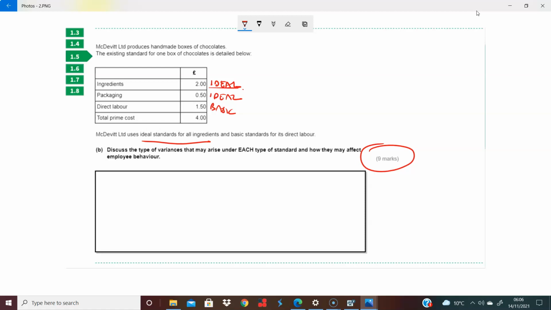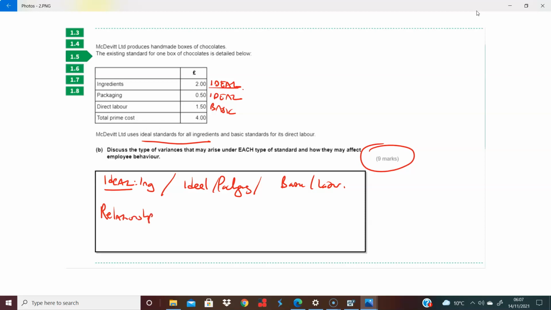So what you really want to do is have a scenario where you're clearly talking about ideal for ingredients, ideal for packaging, and you could talk about the two together, and basic for labor, and have some kind of relationship heading in how they affect each other. And then in there, you're talking about how they affect employee behavior.